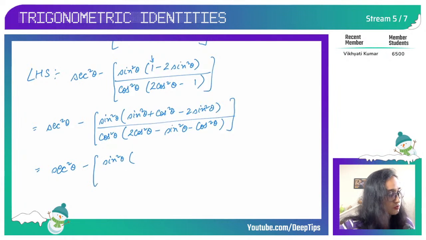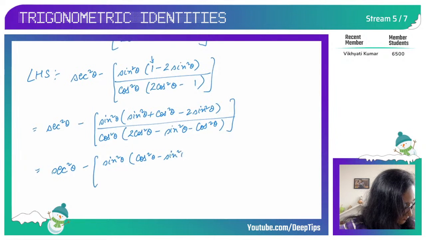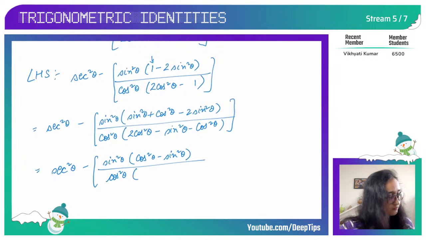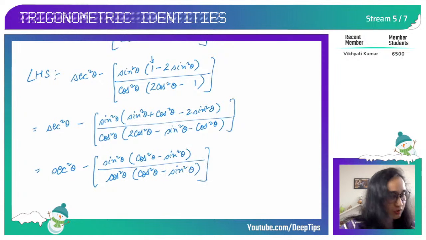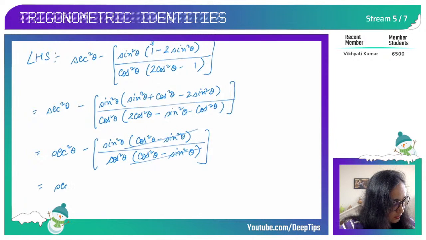Sine square theta minus 2 sine square theta gives me negative sine square theta, so I can write cos square theta minus sine square theta. In the denominator, 2 cos square theta minus cos square theta gives cos square theta minus sine square theta, and things are working out well. This gets cancelled, and I am left with secant square theta minus sine square theta upon cos square theta.